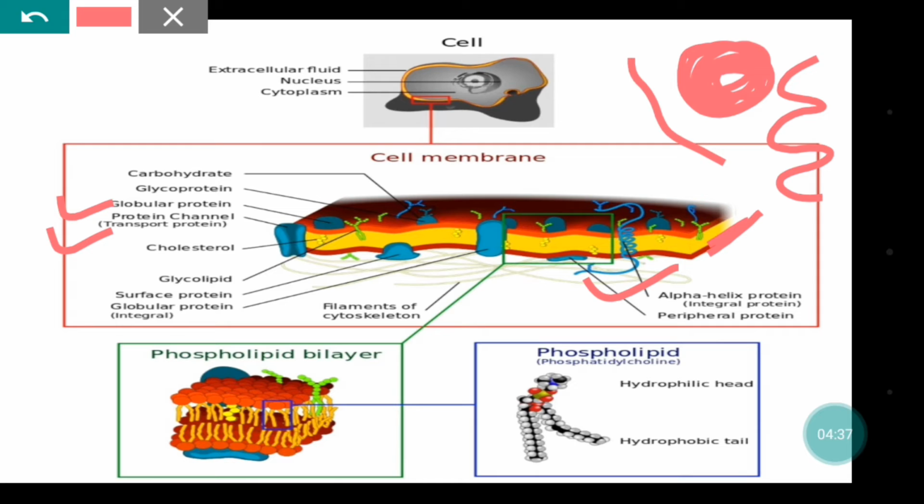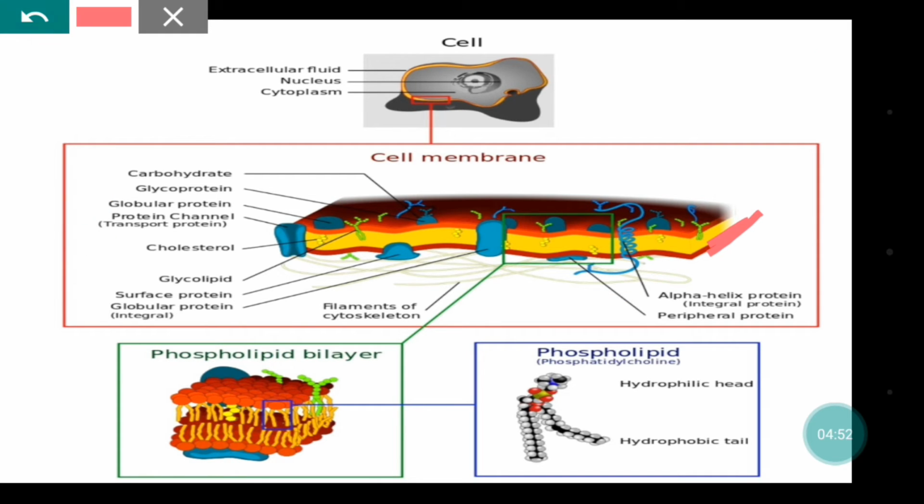Then the other is cholesterol in animal cells. Usually cholesterol is found here in this green color. You can see it clearly. These are the cholesterol, right? And next will be the carbohydrate. Carbohydrate is present on the surface, this in bluish color. It may be associated with a protein like this.